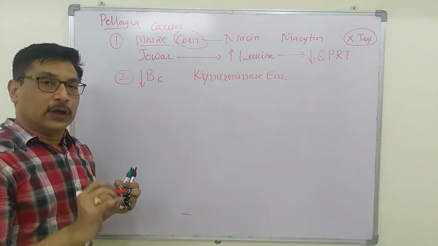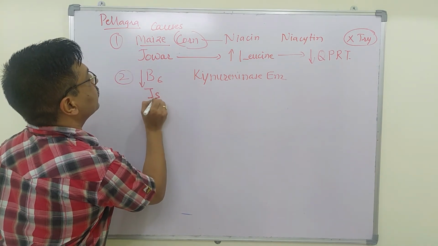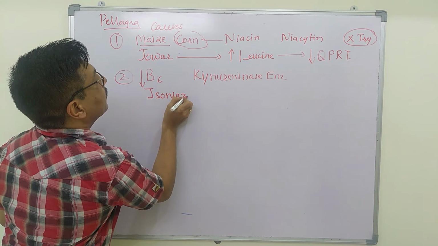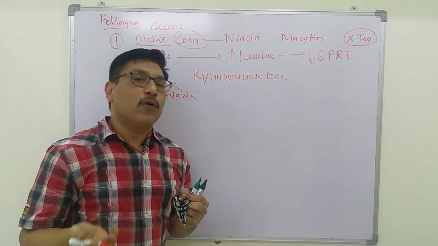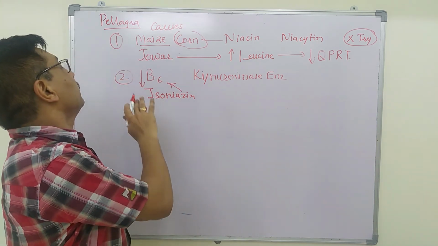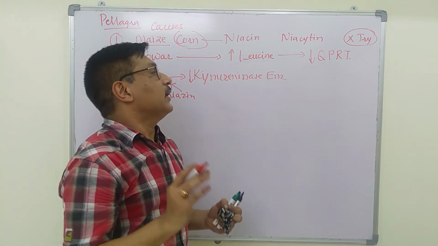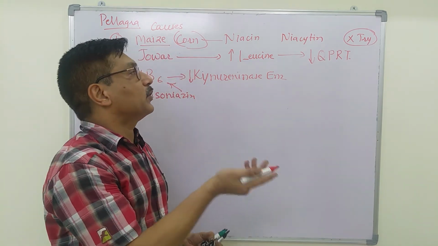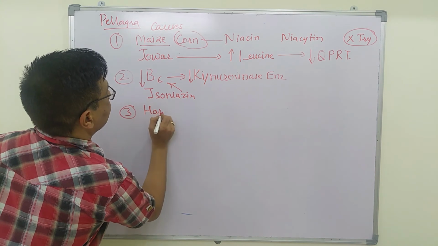In tuberculosis, antitubercular drug isoniazid is given, which decreases formation of vitamin B6 and thereby leads to decreased activity of kynureninase enzyme and thereby leads to symptoms of pellagra. Third one is Hartnup's disease.